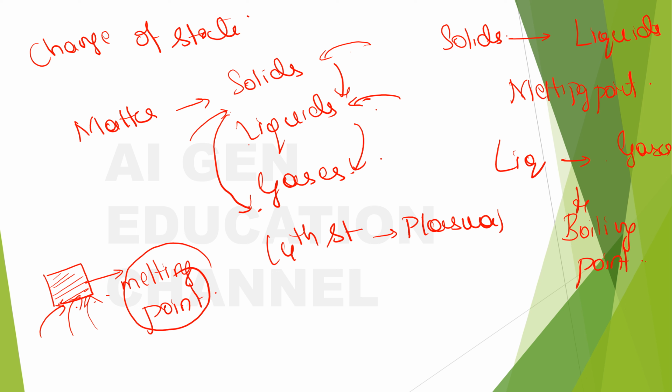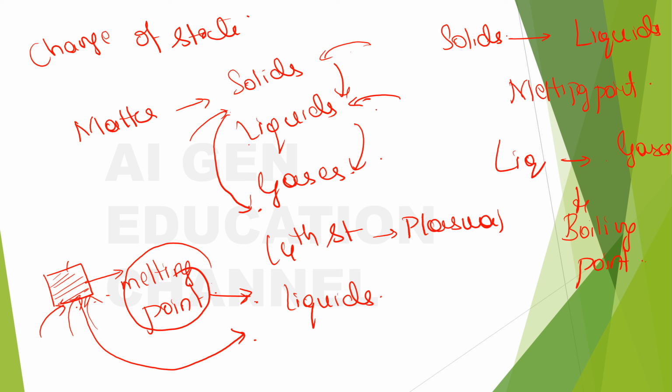And then when it reaches this stage, the solid will start turning into liquid. At this time you don't find any increase in the temperature, right? The temperature is maintained constant at the melting point, and the solid is in the process of getting converted into liquid, right?